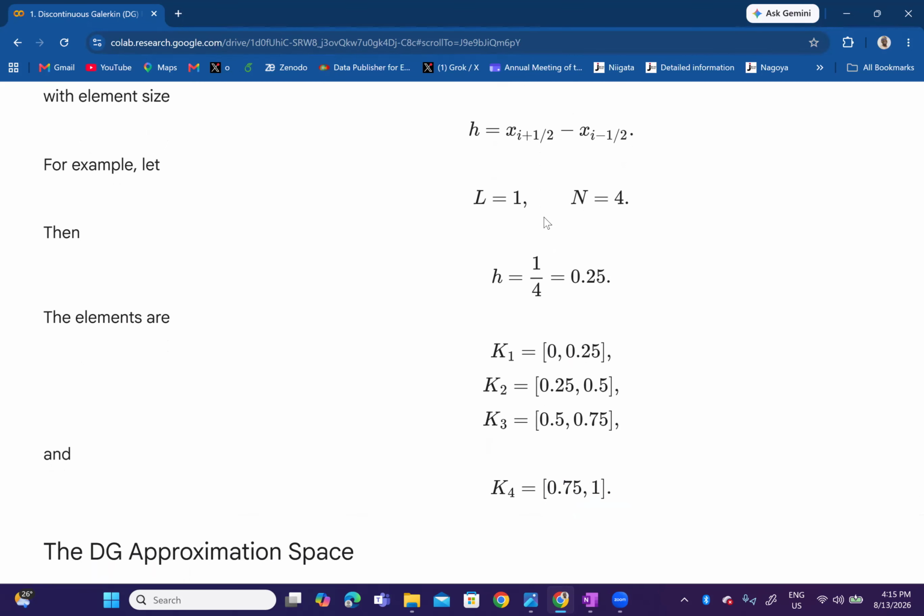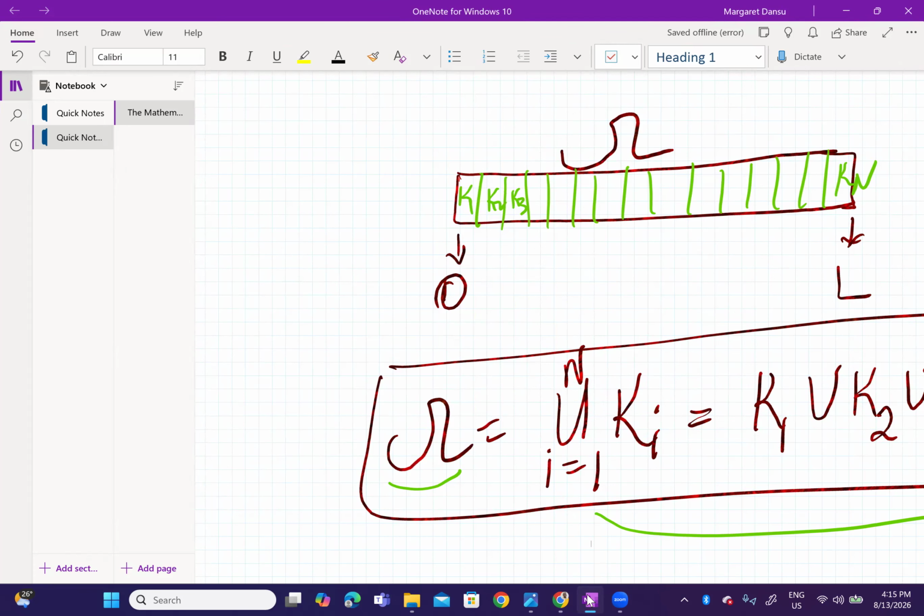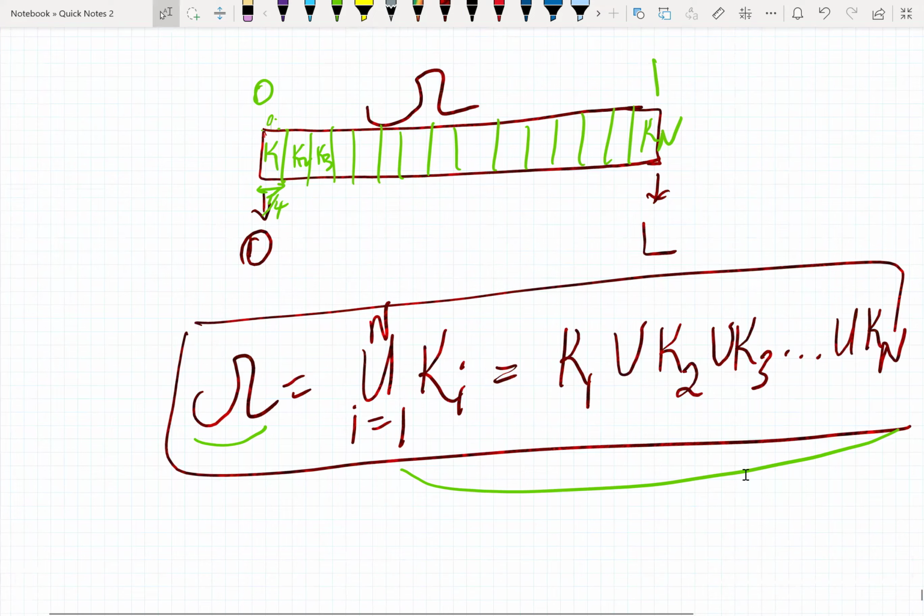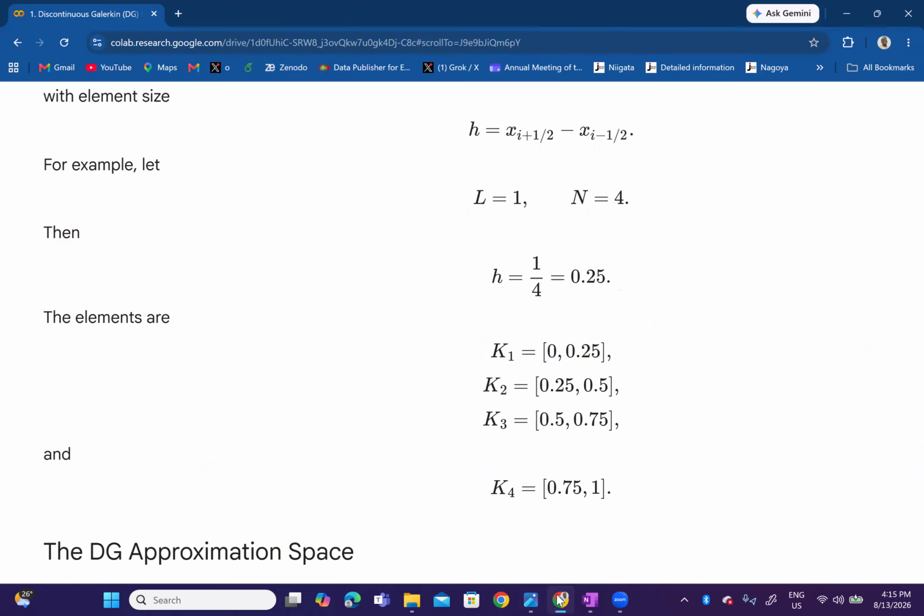Each length here is 1 over 4, because n is 4. And we keep going like that from one division to the other: 0.25, then 0.25 to 0.5.